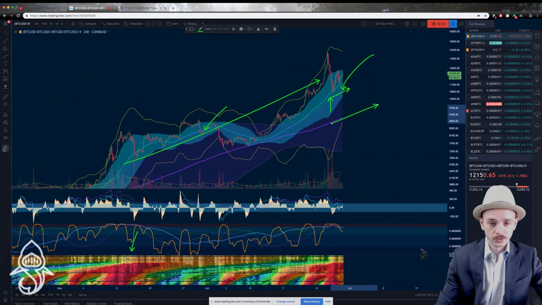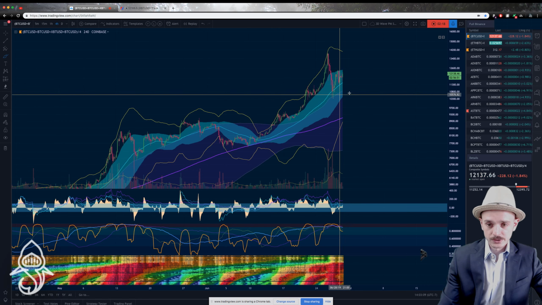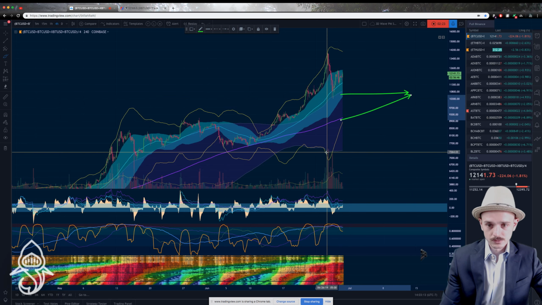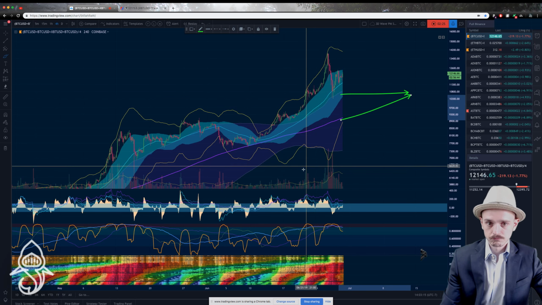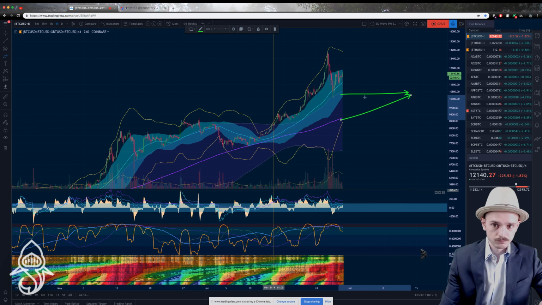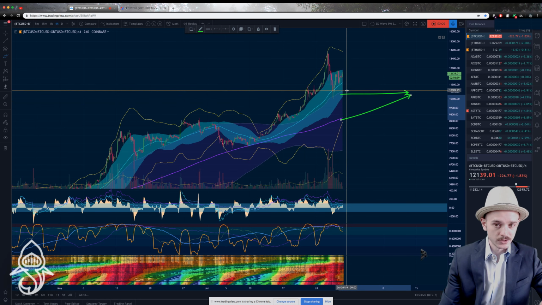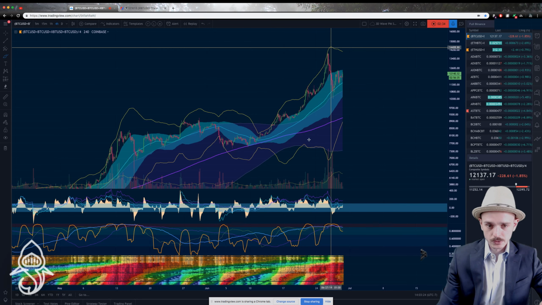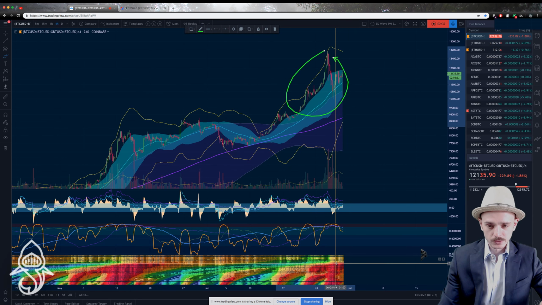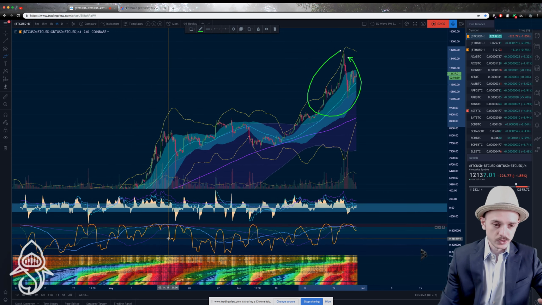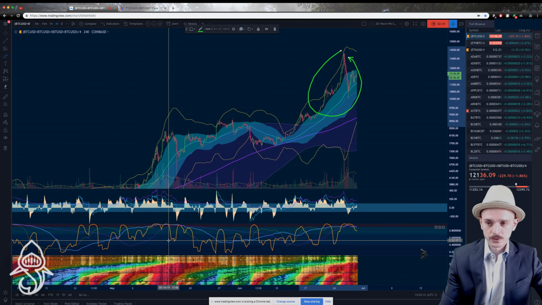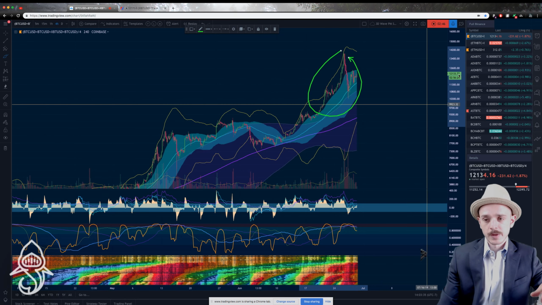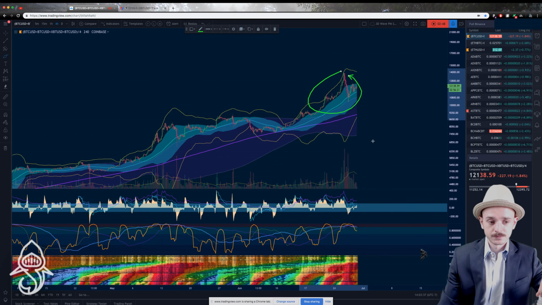Whether that happens through a lateral move where price just goes sideways and then the mean travels up to meet price, or price can travel down to meet the mean. Based on this most recent move, longest overexpanded period is 225. So if you want to put in the 225 period on the 1.25 standard deviation, you're going to get that band, and it's going to respect the pivot very cleanly.